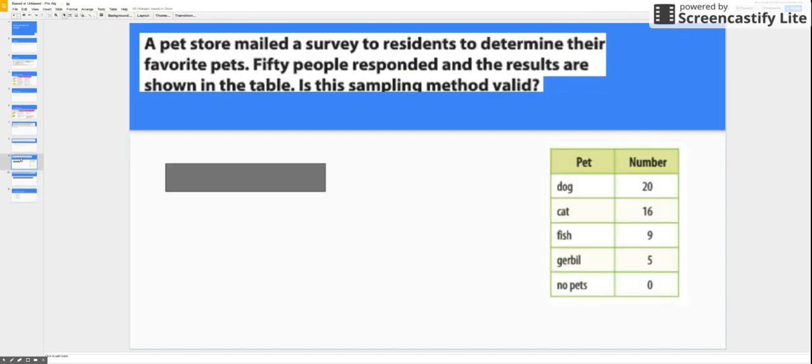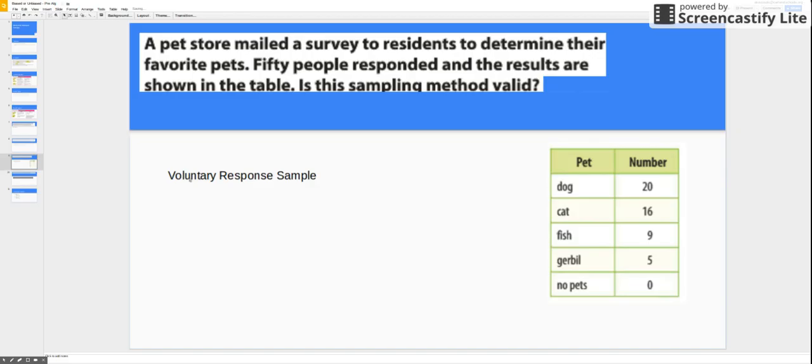Let's look at another example. A pet store mailed a survey to residents to determine their favorite pets. 50 people responded, and the results are shown in the table. Is the sampling method valid? Well, this should give it away. It mailed a survey, and 50 people responded. They choose whether or not they want to respond.